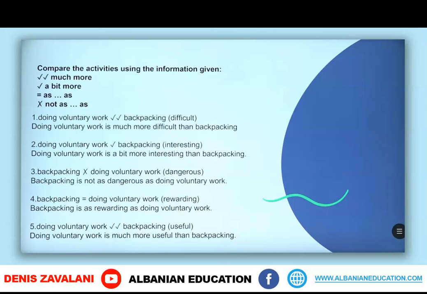Then the third one is, backpacking is not as dangerous as doing voluntary work. The fourth one is, backpacking is as rewarding as doing voluntary work. And the fifth one is, doing voluntary work is much more useful than backpacking. So this is an example that you'll be using for your task that you had previously.